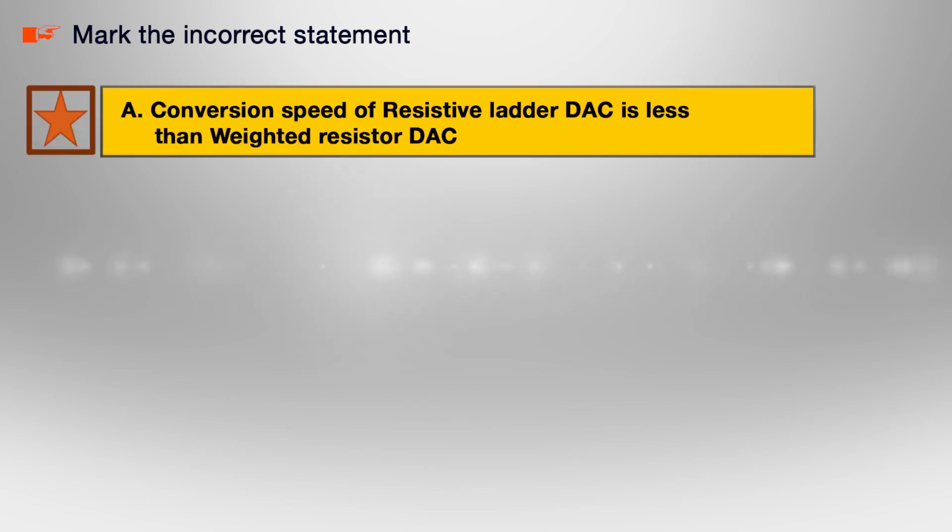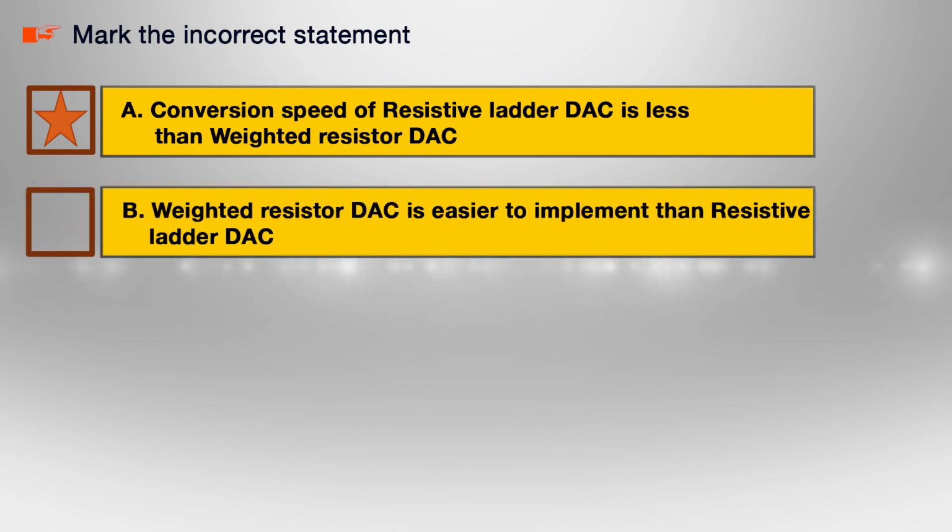The next question is, mark the incorrect statement. So, here we have to find the incorrect statement. First statement given is, conversion speed of resistive ladder DAC is less than weighted resistor type DAC, which is true. Second is, weighted resistor DAC is easier to implement than resistive ladder DAC, which is false.